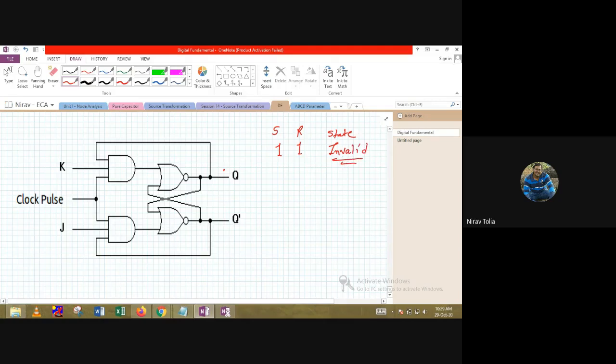Again I am repeating, if my S and R are 1 1, my state is an invalid state. So here, when my J and K are 1 1, instead of an invalid state, we have a new state which is known as the toggle state.